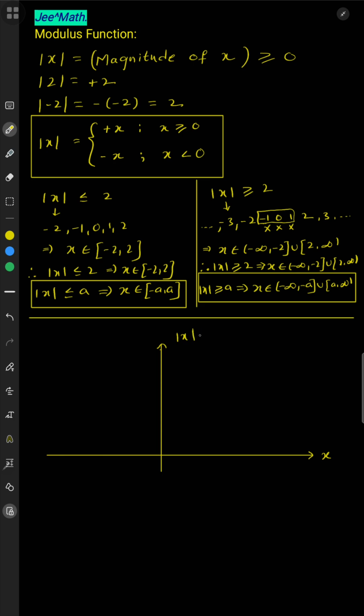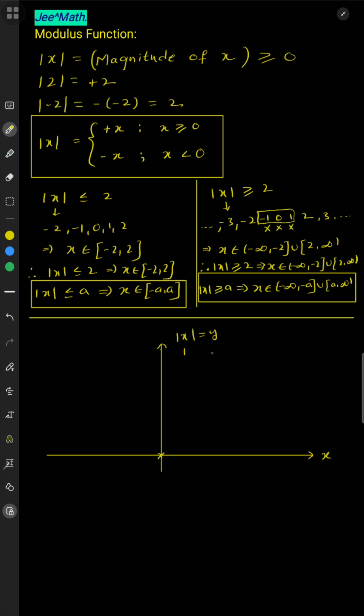So see here, modulus of x is equal to y here. All these are values of x and all these are values of mod x, or y values. Suppose x is 0, then what will we get? y also 0, right? So 0 comma 0 is a point on the curve, a point on modulus of x. 0 comma 0 is this one only.